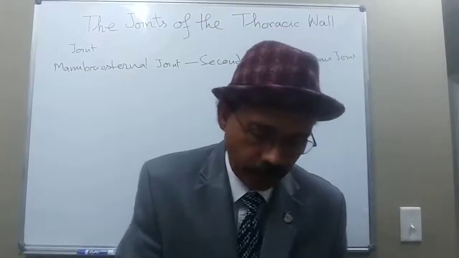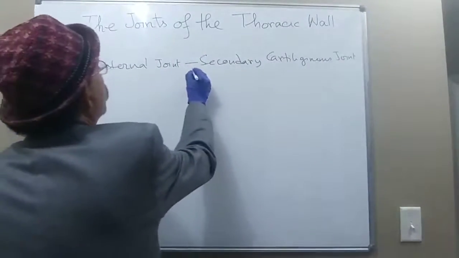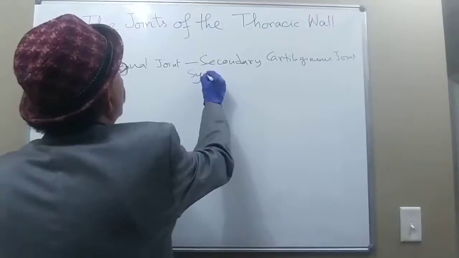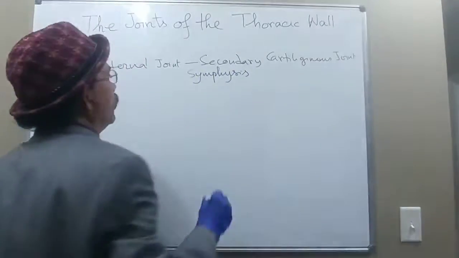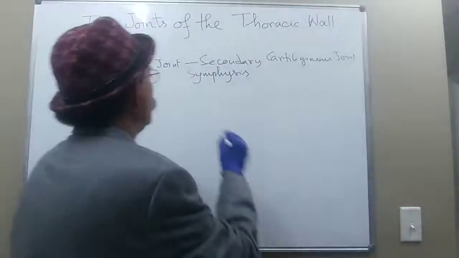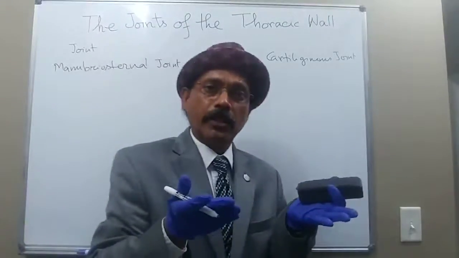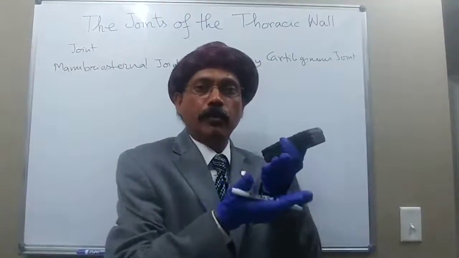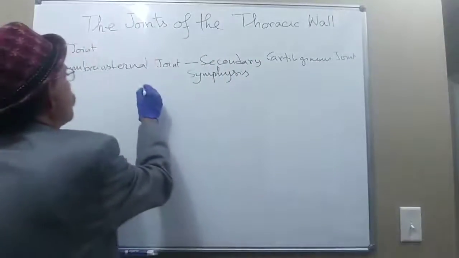It is a secondary cartilaginous joint. It is a symphysis, in the midline of our body. The articulating surfaces are covered by hyaline cartilage, and in between the articulating surfaces we have fibrocartilage.